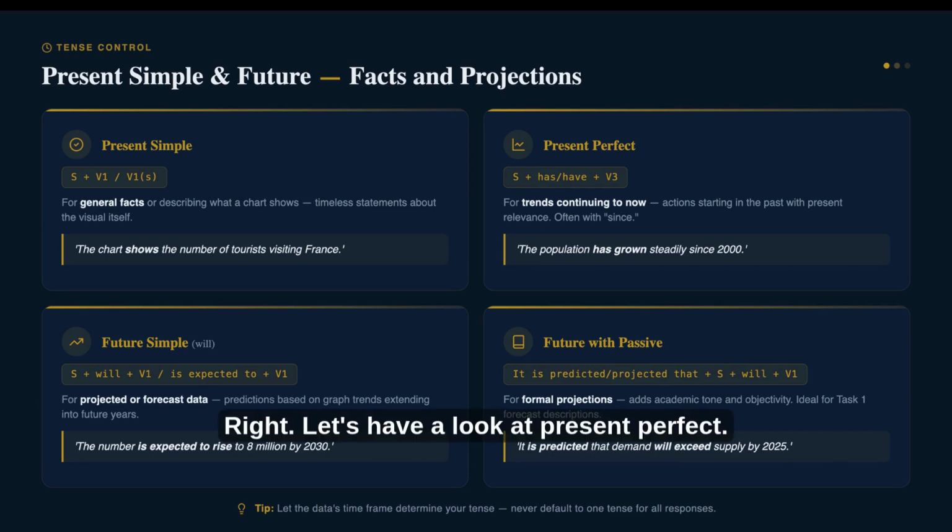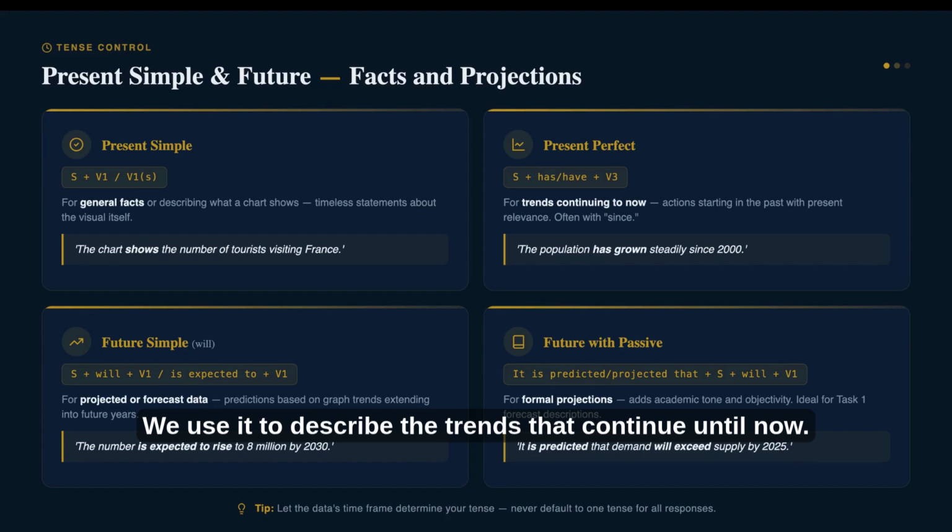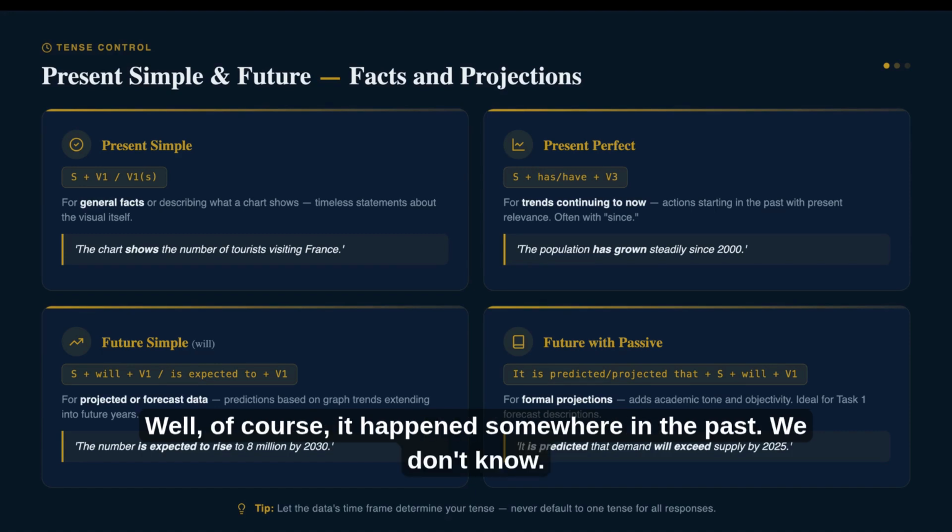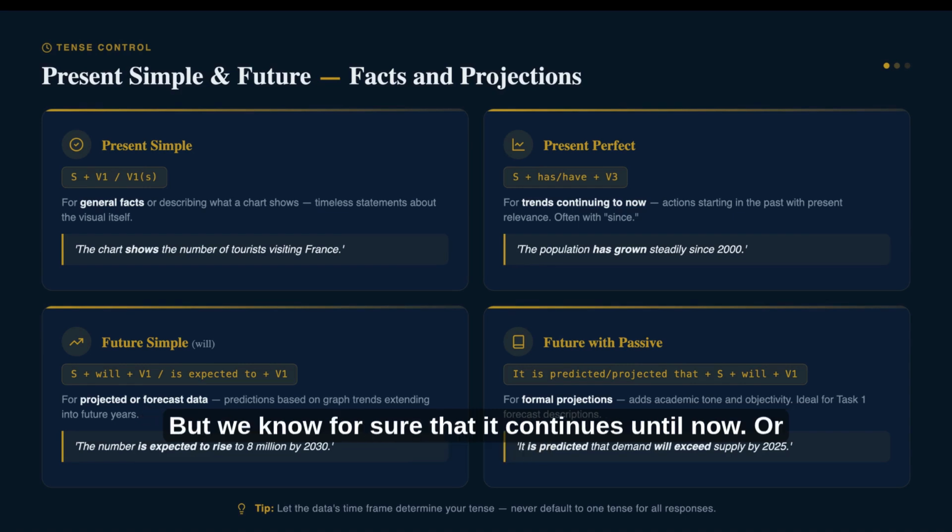Right. Let's have a look at present perfect. The formula of present perfect is subject followed by have or has and the past participle, or verb 3 column. We use it to describe trends that continue until now. Well, of course, it happened somewhere in the past, we don't know, but we know for sure that it has continued until now.